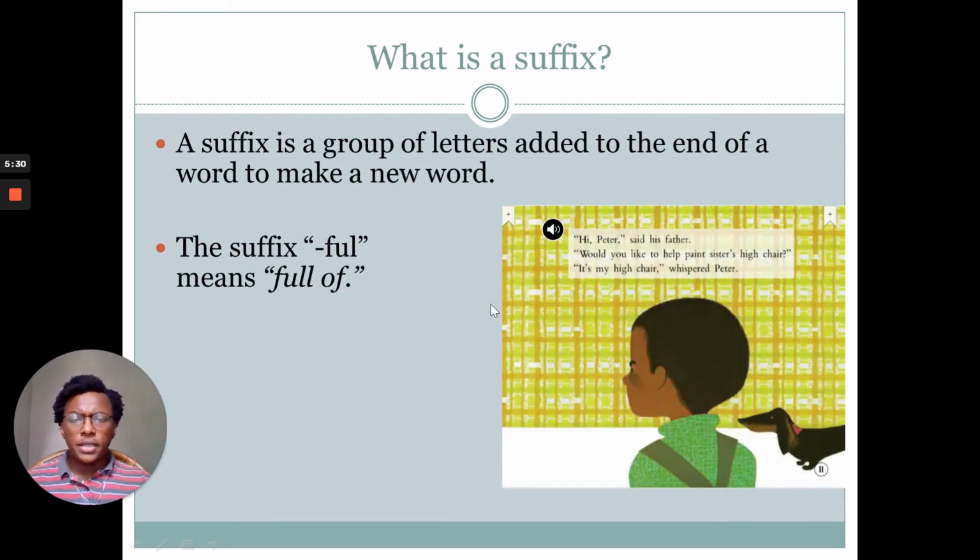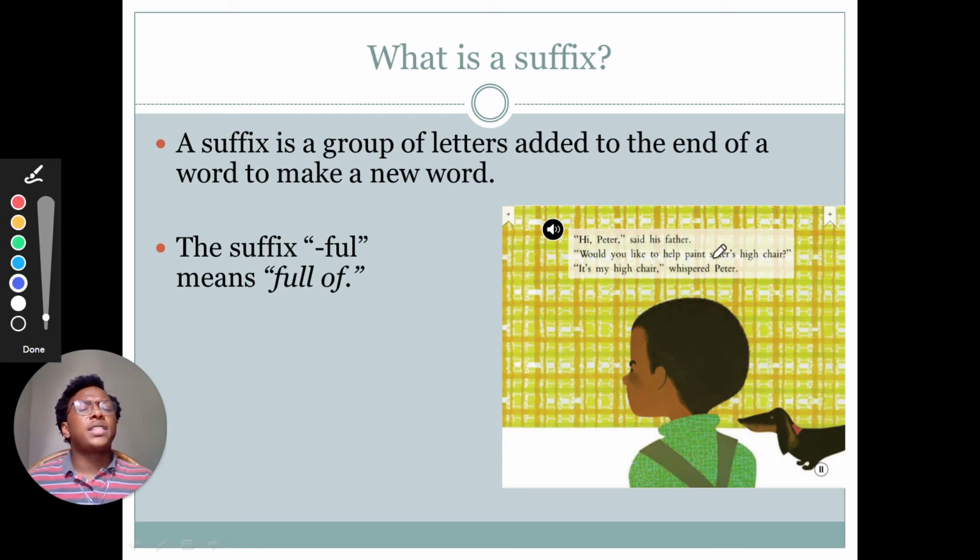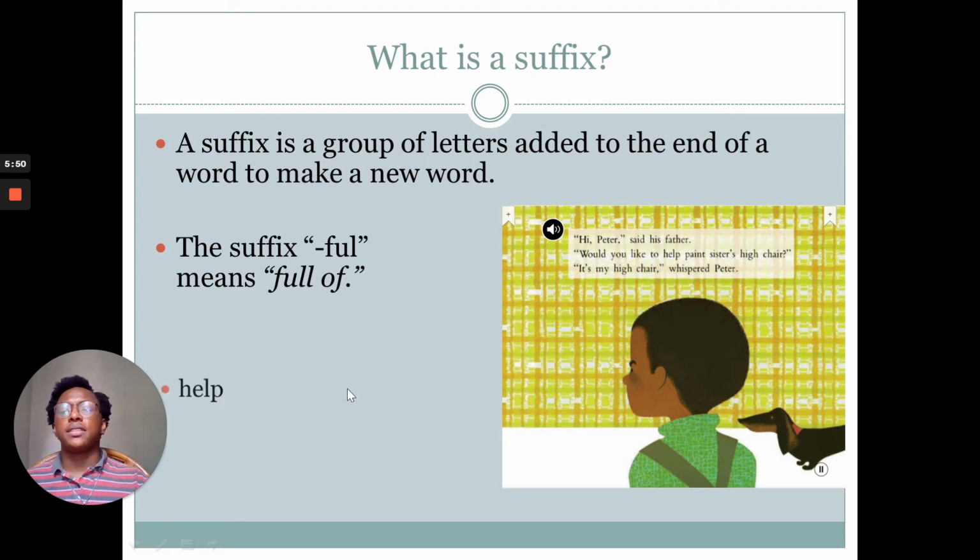So in Peter's Chair on page 11, Dad asks, would you like to help paint sister's high chair? And the word that I want to focus on and draw our attention to is the word help. Now, we all know what it means to help somebody.